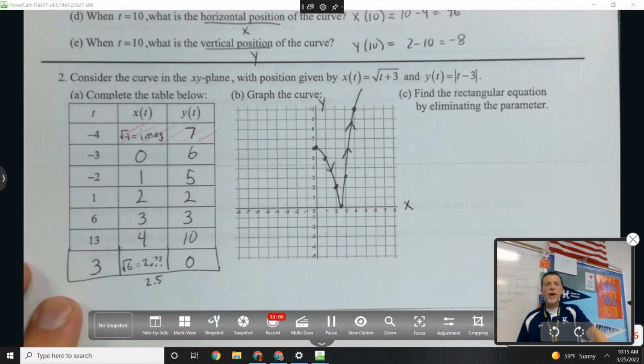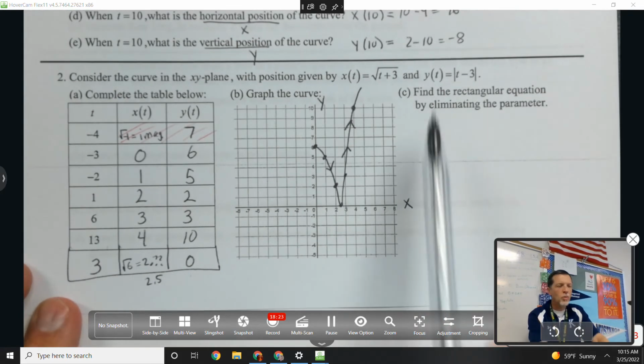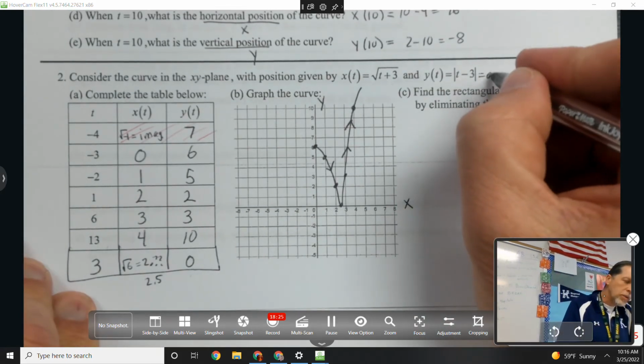Looks like it bounces off the x-axis there. Does anybody see what makes it bounce off the axis based on those equations up there? Any thoughts? The absolute value. The absolute value means y is always going to be positive.